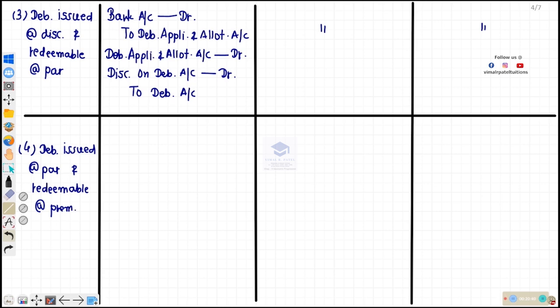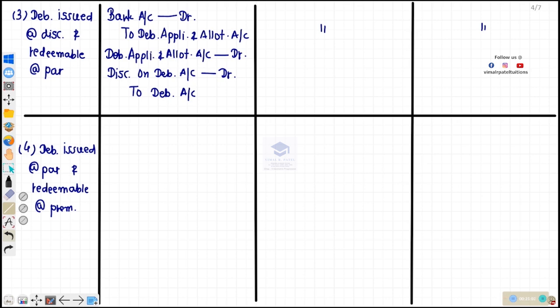Company is issuing debenture at 100 rupees, so company will receive 100 rupees and company will pay 110. That is 10 rupees will be paid extra at the time of redemption. Okay, that is called premium on redemption of debenture. The extra amount paid is called premium on redemption of debenture.